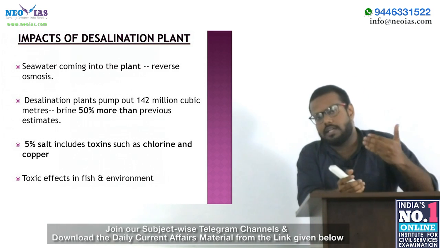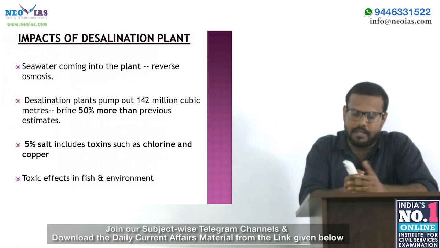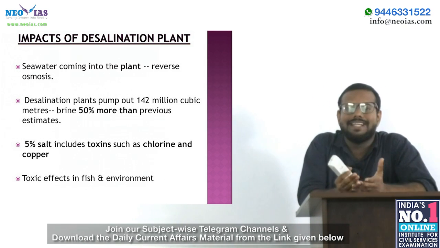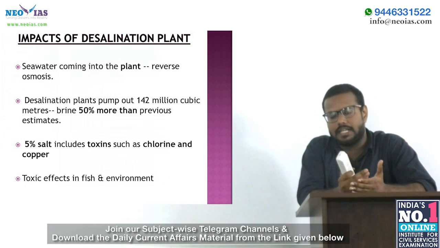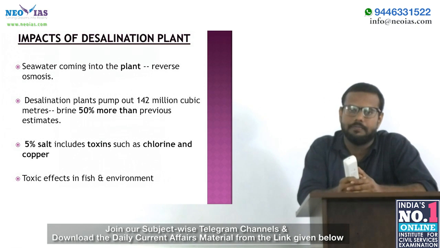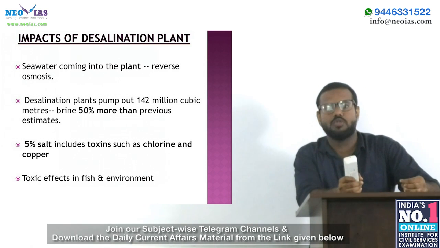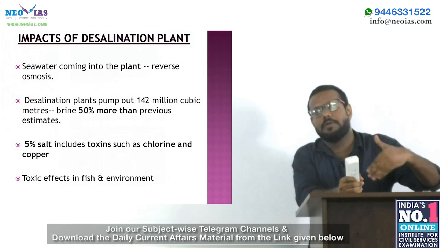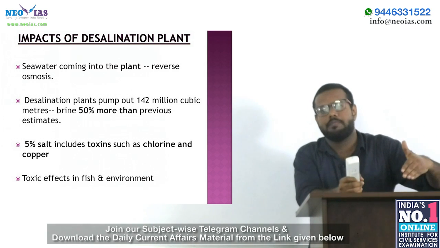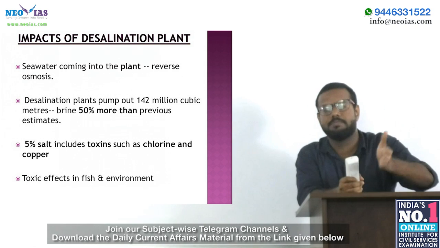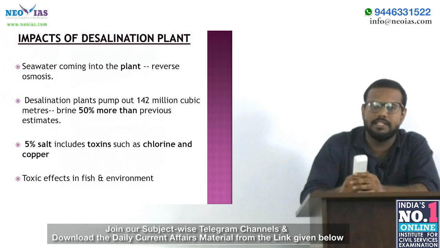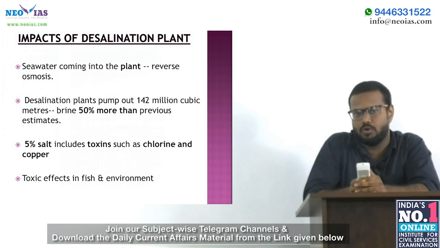During its discharge, the brine is twice as salty as the ocean water. So the ocean water is taken into the desalination plant, and the fresh water is used for various purposes, and the wastewater, that is brine water, is discharged into the sea. It is twice as salty as the ocean water.